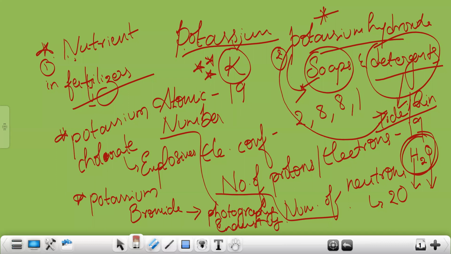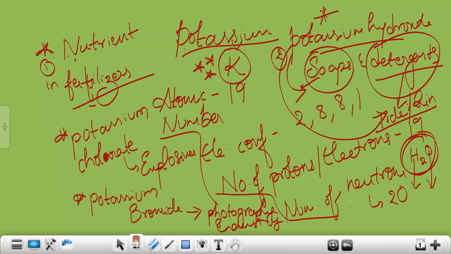Its atomic number is 19. Its electronic configuration is 2, 8, 8, 1. Why is it written as 2, 8, 8, 1? Because the innermost orbit consists of 2 electrons, the second orbit consists of 8 electrons, the third orbit consists of 8 electrons, and the last orbit consists of 1 electron.